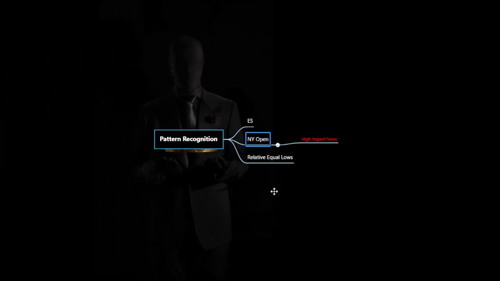And it is important to note when you're framing these setups, high impact news events are very crucial. I didn't understand this until this year. Earlier on in my development, I always thought to avoid major news events like FOMC, non-farm payroll, and such.